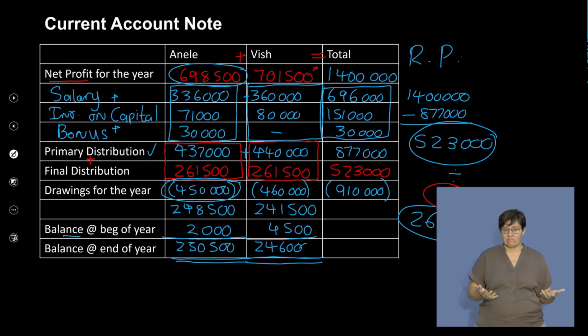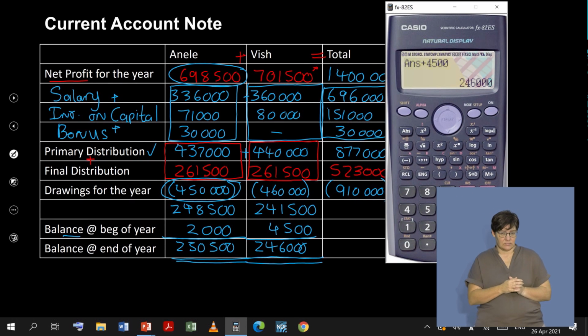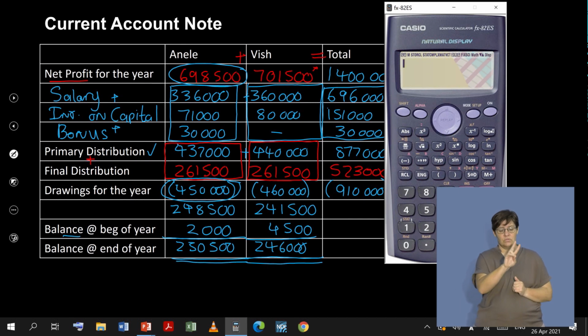So 246,000. Okay. Now obviously guys, we're totaling to get each total, so let's do that as well, right? So if I look at my total in the end, there's many ways in which you could do this, but let's do each one.